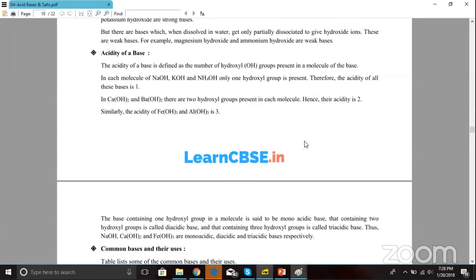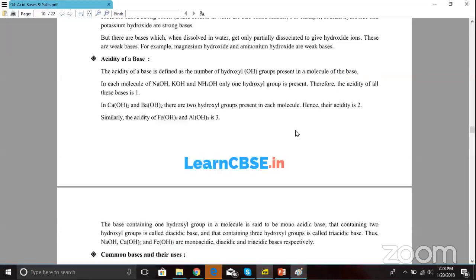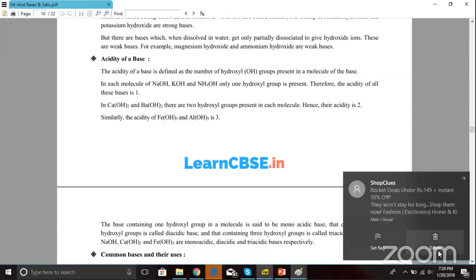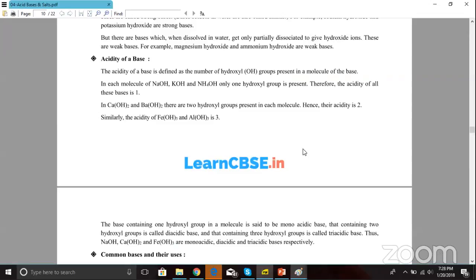Then the acidity of a base. The acidity of a base is the number of hydroxyl groups present in a molecule of the base. NaOH, KOH and NH4OH contain only one OH group, one hydroxyl group, so the acidity of all these bases is 1.